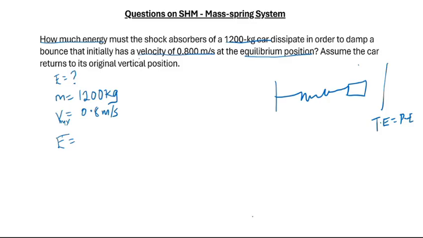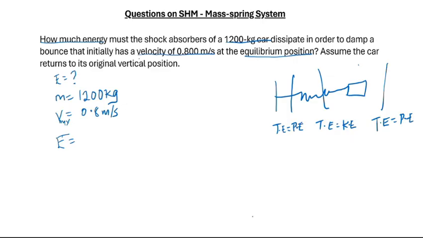At the main position, our total energy is equal to our kinetic energy, and at the negative side of the amplitude also, our total energy is equal to our potential energy.